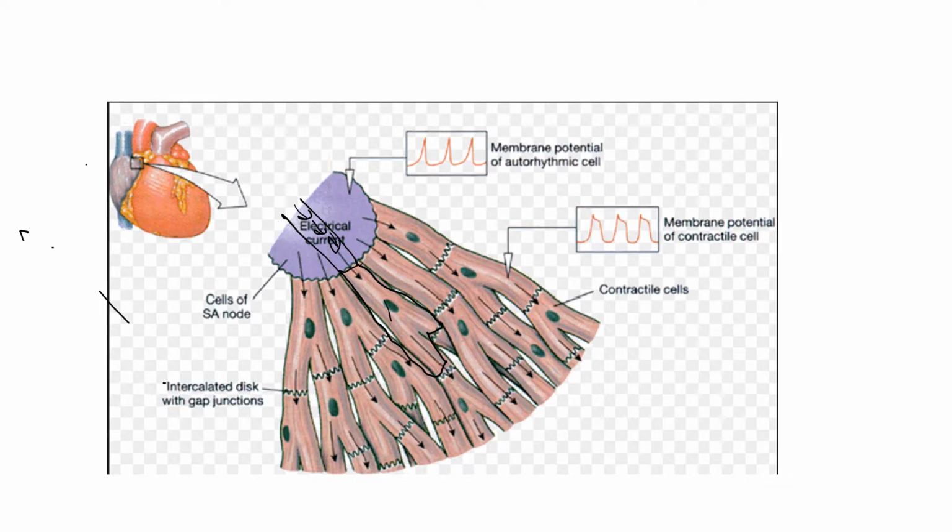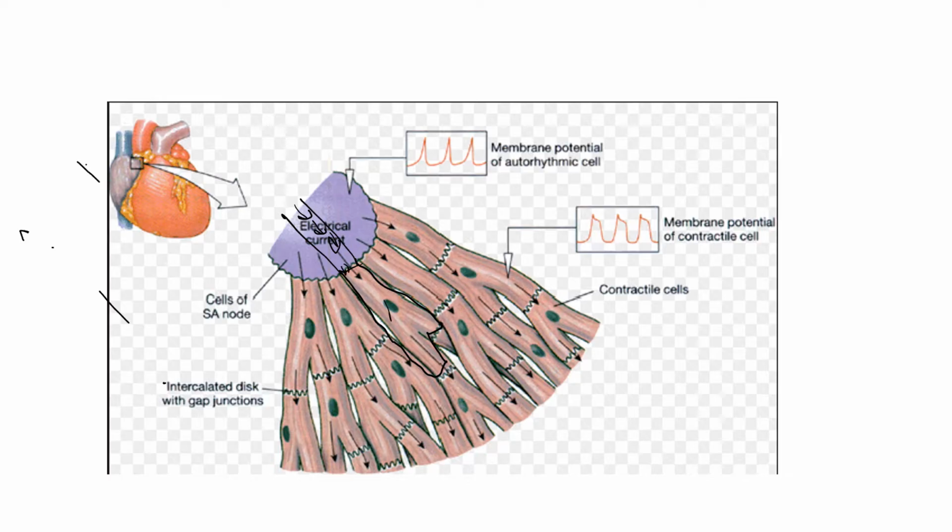They're both part of the right atrium, but this is a contractile fiber of the right atrium. They're attached to each other through an intercalated disc, and one of the things that makes up an intercalated disc is a gap junction.